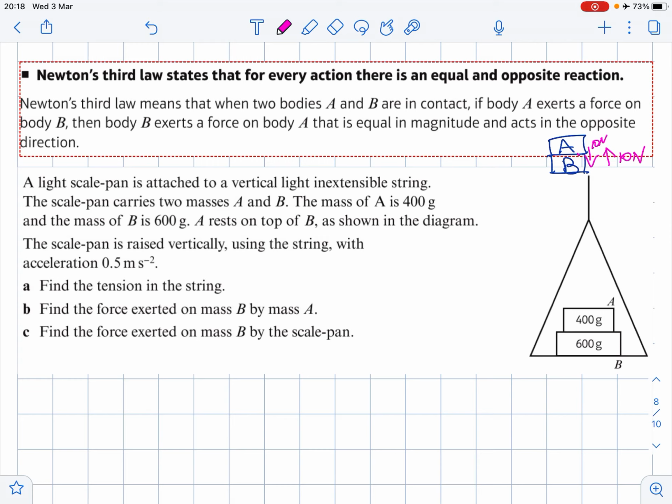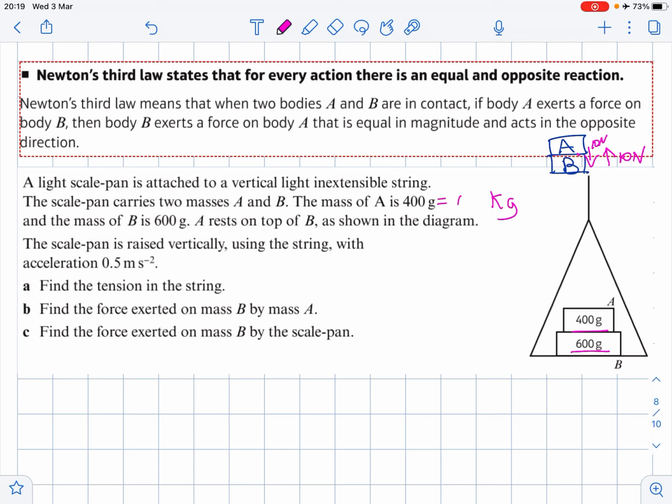So let's look at this problem. We have a light scale pan attached to a vertical light inextensible string. The scale pan carries two masses, A and B. The mass of A is 400 and the mass of B is 600. Remember that with our formulas, we always work in kilograms, so we always need to convert to kilograms.